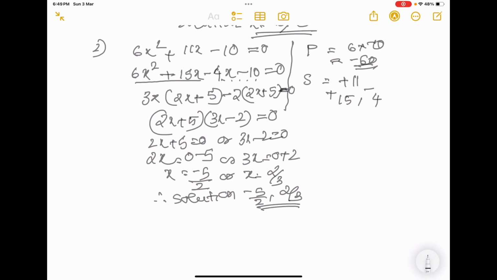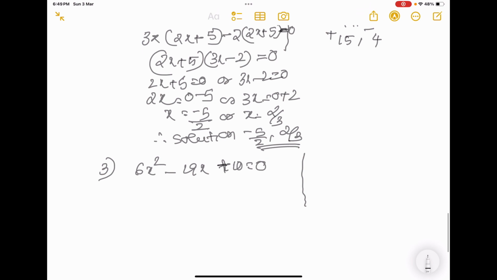Then the next question, 6x square minus 19x plus 10 equal to 0. Here the product is 6 into positive 10, that is positive 60, and the sum is equal to negative 19.